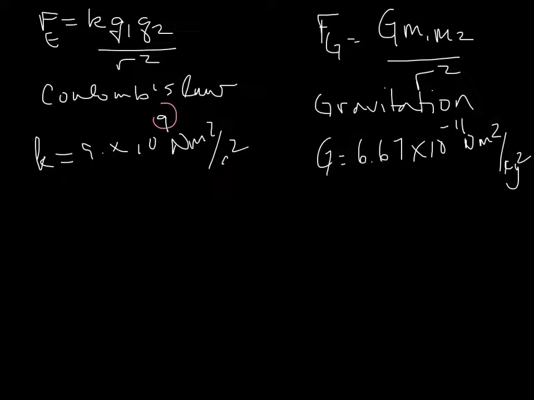So they're both similar in that they're both inverse square laws, and they're both proportional to the product of something, but they're different because the Coulomb force, the electrostatic force, is so much stronger than the gravitational force.